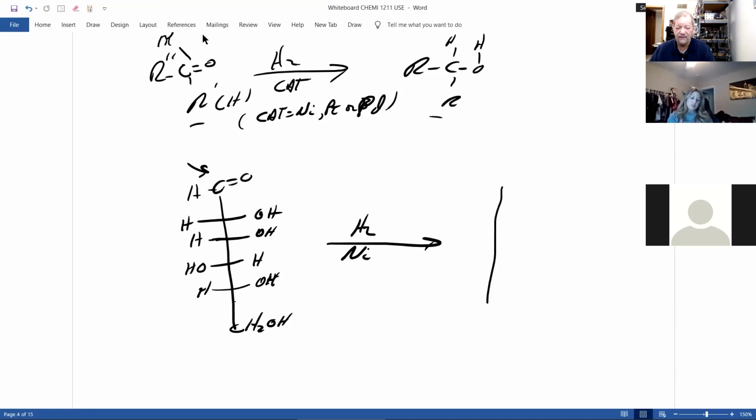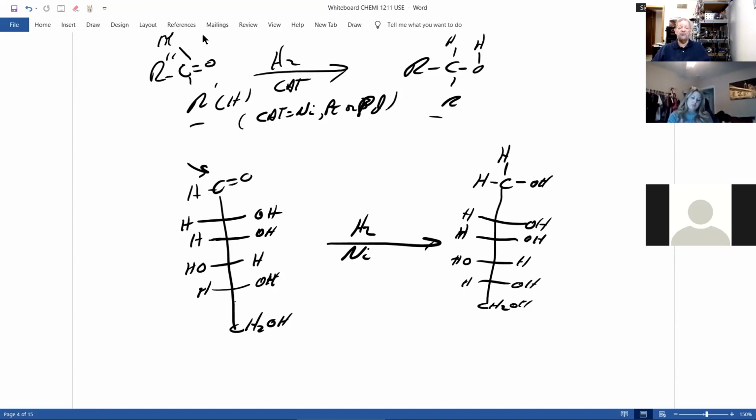No. So all this at the bottom stays the same, and this opens up to an alcohol.